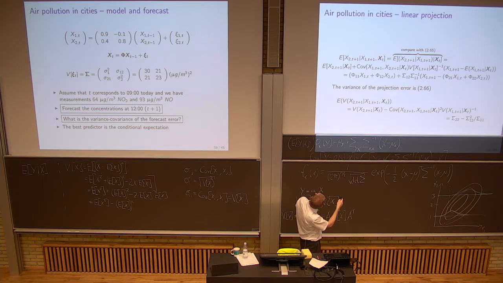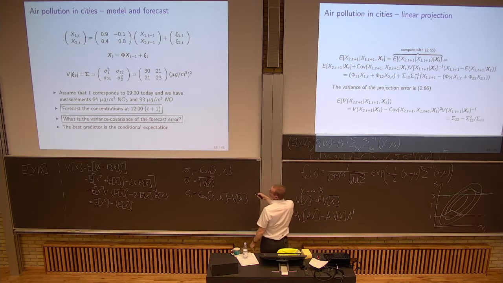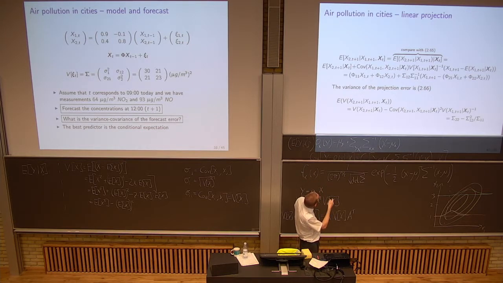We have that there. The expectation of the second variable is the first variable times 0.4 and the second variable times 0.8. Right? That's what we have here.